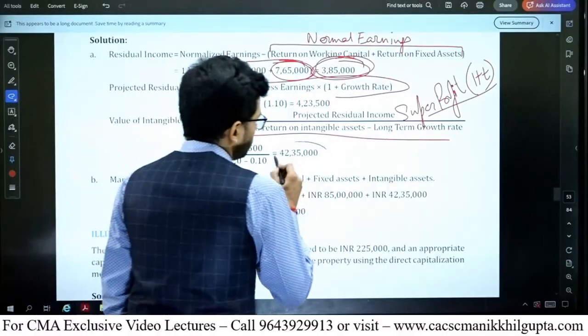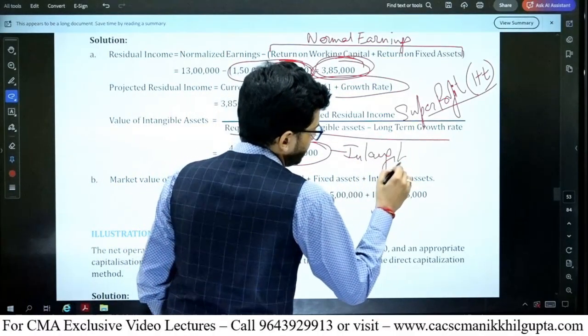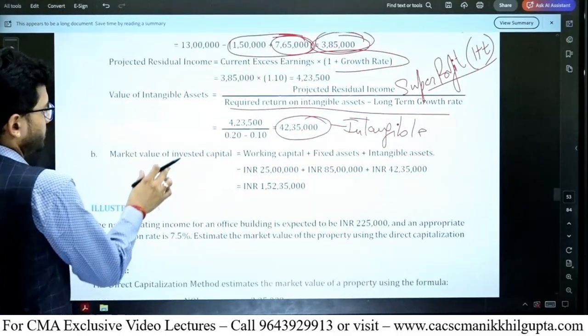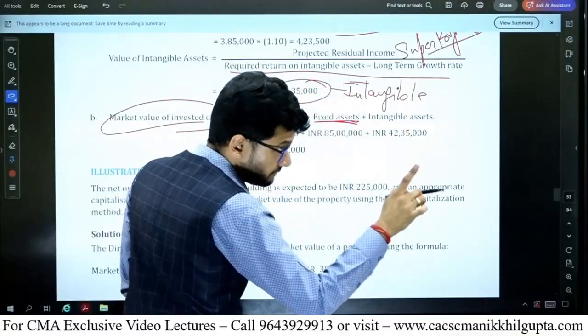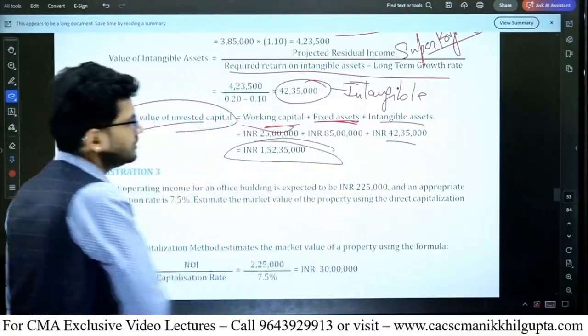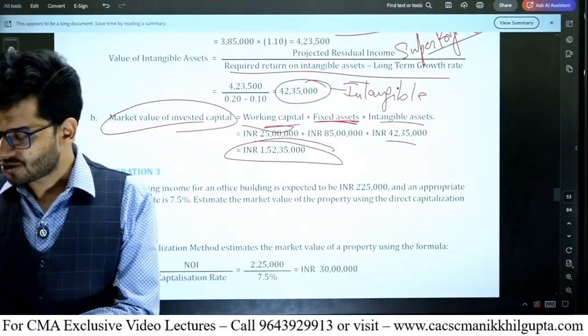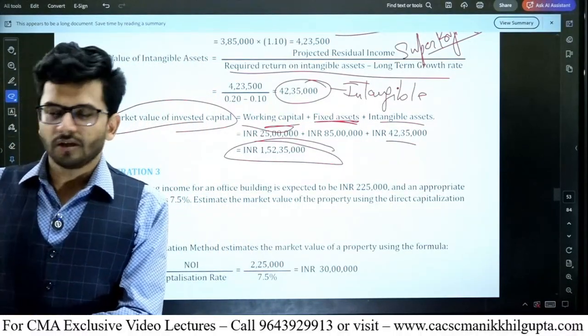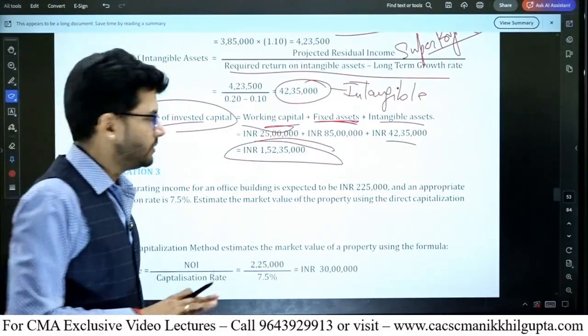So this is the capitalized value of the intangible asset. Now if you want to calculate the market value of invested capital, then you take the working capital, you take the fixed asset at the fair market value plus the intangible asset to get the entire value of the business. So just an addition to the initial question that we have done. That's just a value addition.